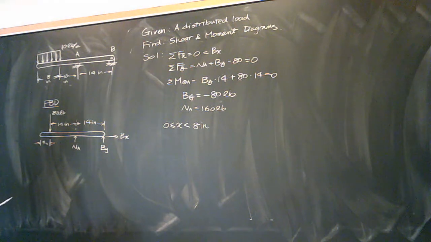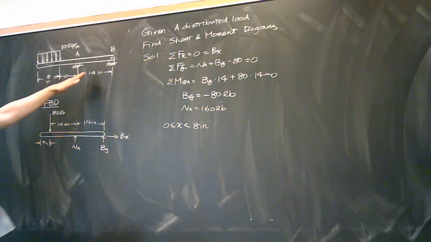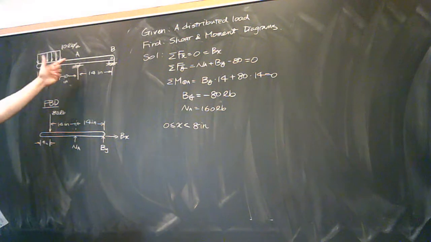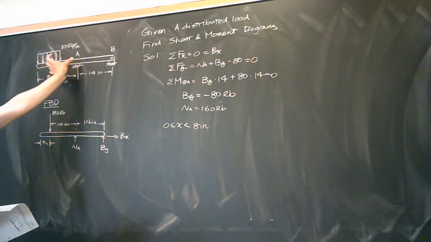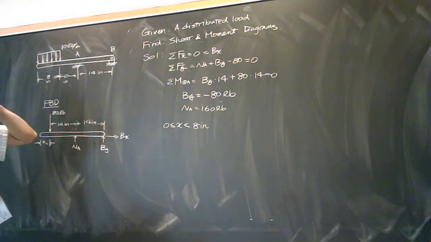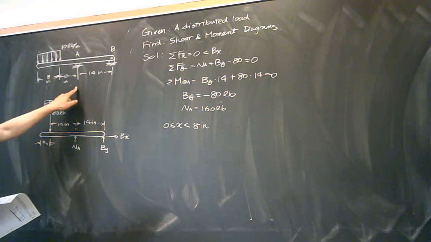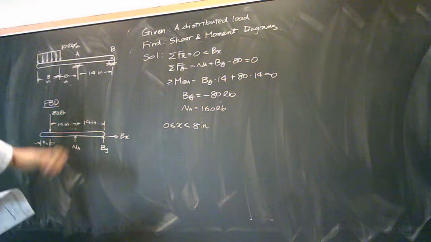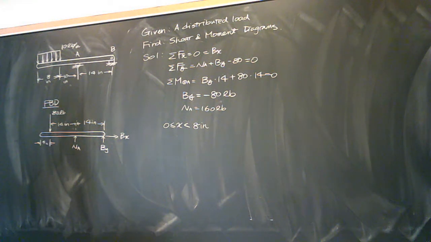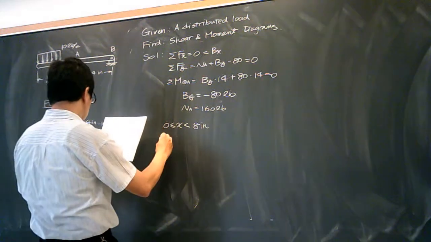So how many sections? I should divide this into 3. This portion, and this portion. So it's between 0 to 8, 8 to 18, 18 to 32. Does that make sense to everybody? Okay, so let's start.